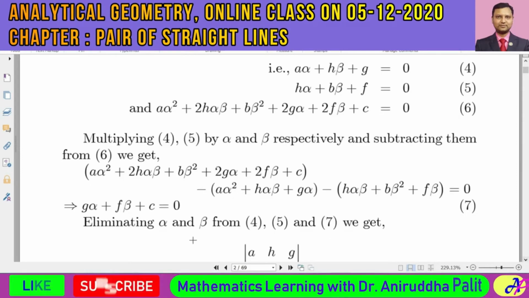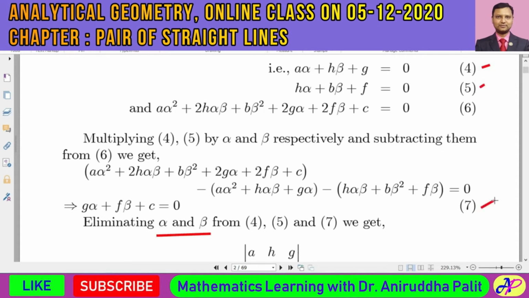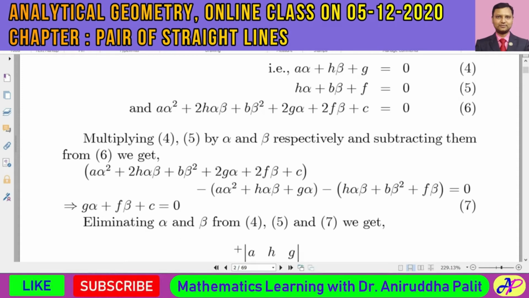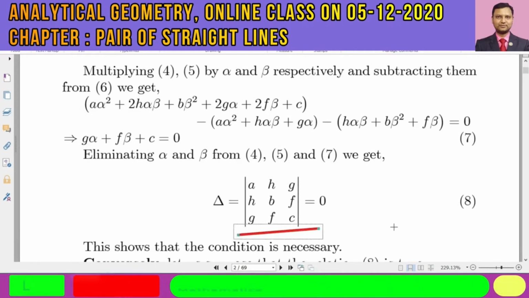Over here, the two unknown quantities are alpha and beta, and the three equations are 4, 5 and 7. So if we eliminate these two quantities from these three equations, then we will get this determinant delta.